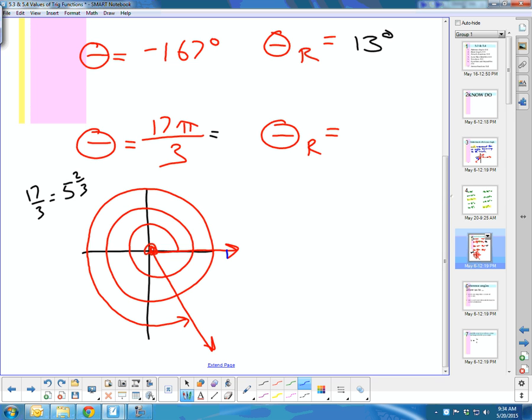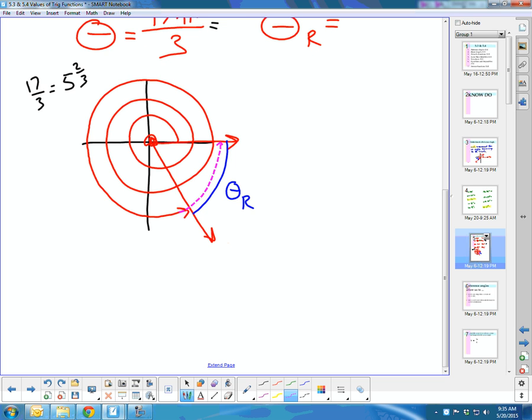My reference angle will be this distance right here. What I could say to figure this out is I know that I went 5 2/3 pi radians. Had I finished, and I'll do this with a dotted line, had I finished to there and finished that full revolution, I would have been at 6 pi radians. But I'm a little short of it. How short of it am I?